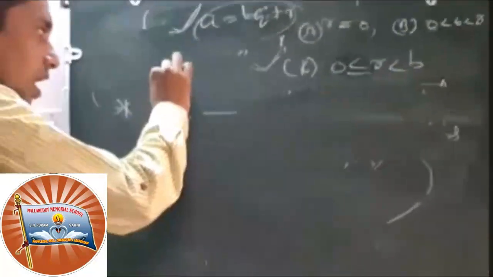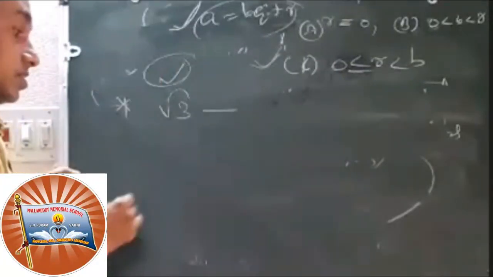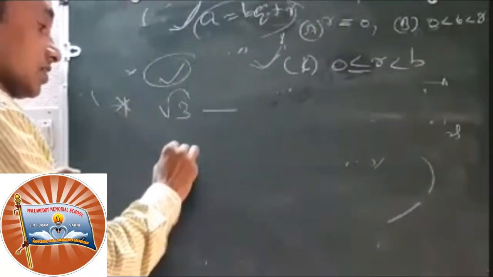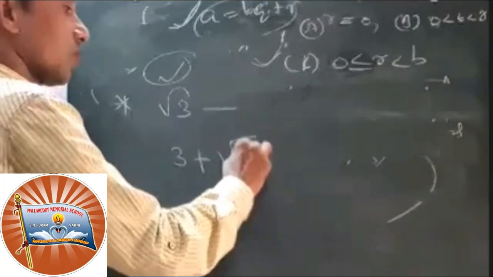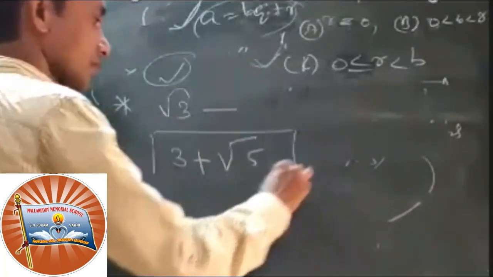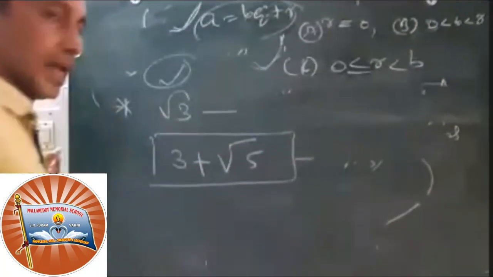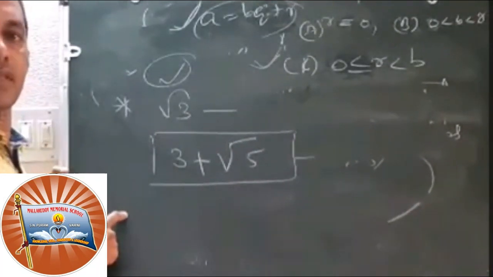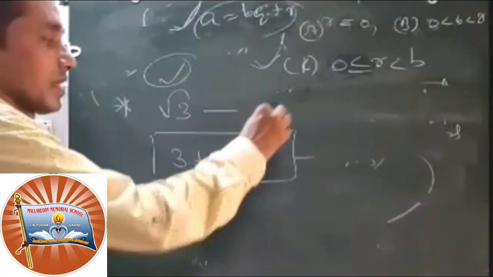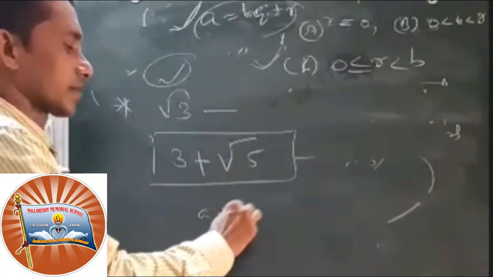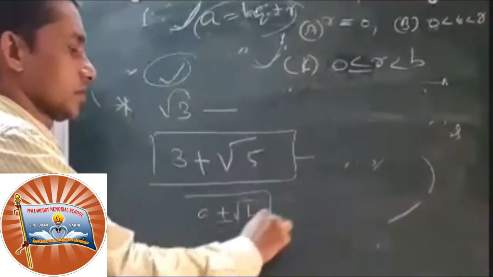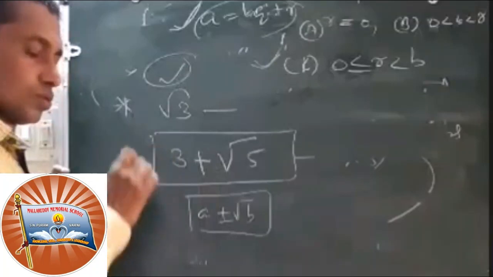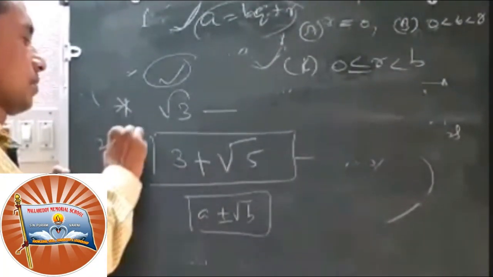You almost don't get this kind of question, but you may get 3 plus root 5. Show that 3 plus root 5 is an irrational number. This is the general form I have told you, a plus or minus root b. So what you do, this may be a 2-mark question.